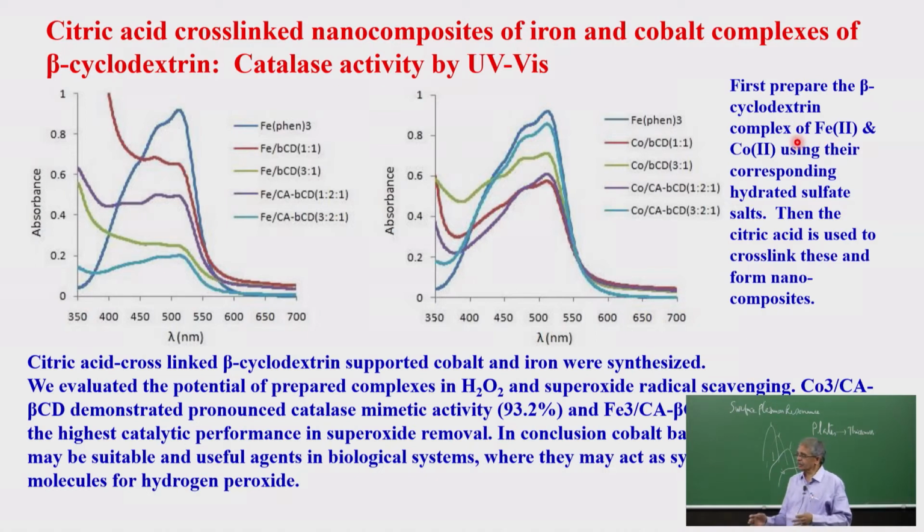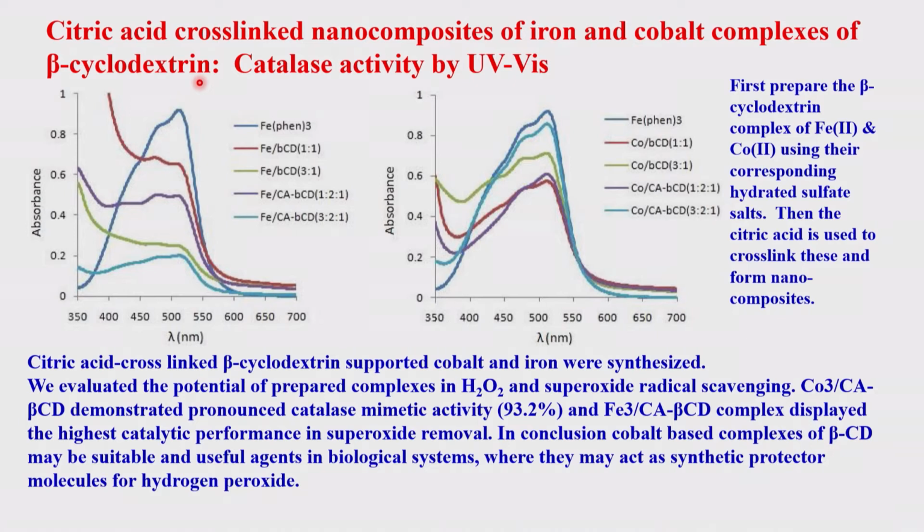You take the hydrated sulfates of cobalt(II) and iron(II), mix with beta cyclodextrin and make your complex, which will cross-link when you add citric acid. This cross-linked material is suitable for removing the radical or peroxide-based species, and therefore it acts as an antioxidant. That's what is referred to as catechol activity.